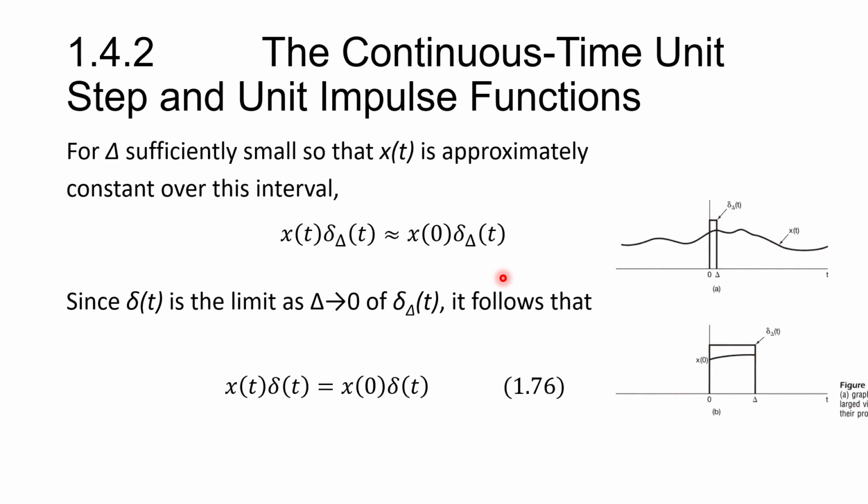Okay, then we go to our shifting property. Just like in the discrete case, the unit impulse function can be used to sample your arbitrary signal by multiplying them. We justify this once again with our small delta approximation.